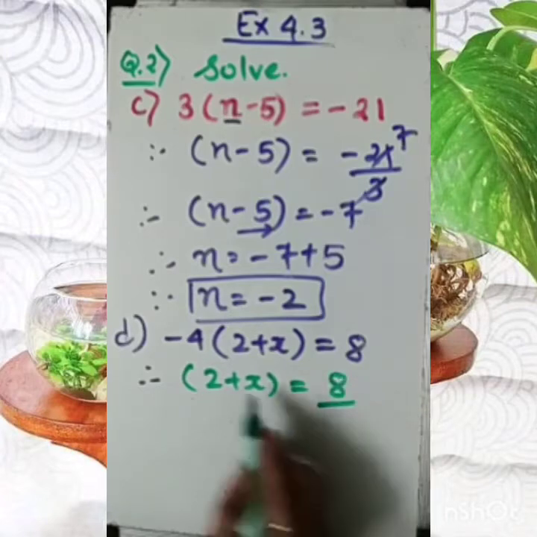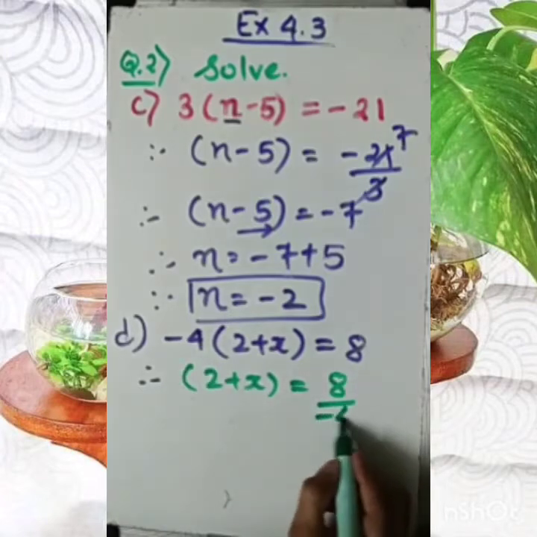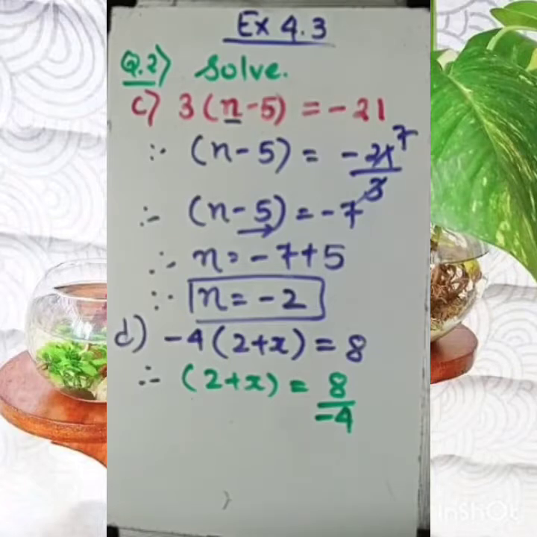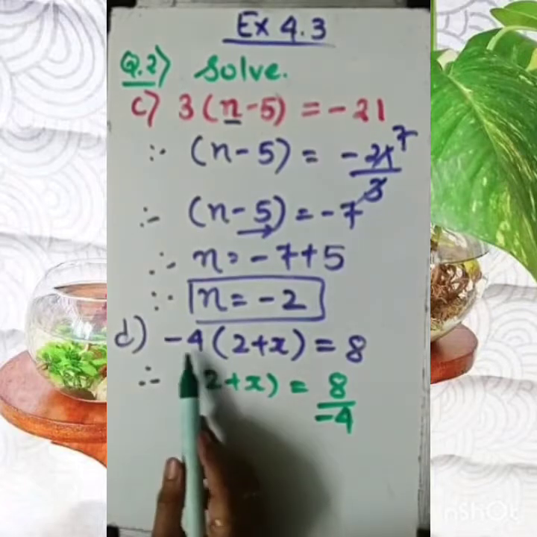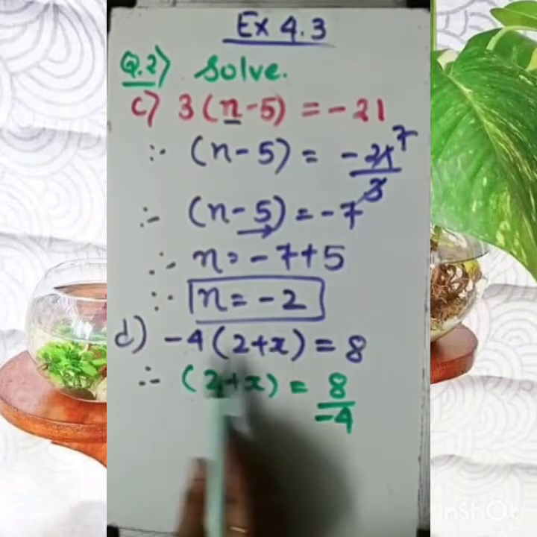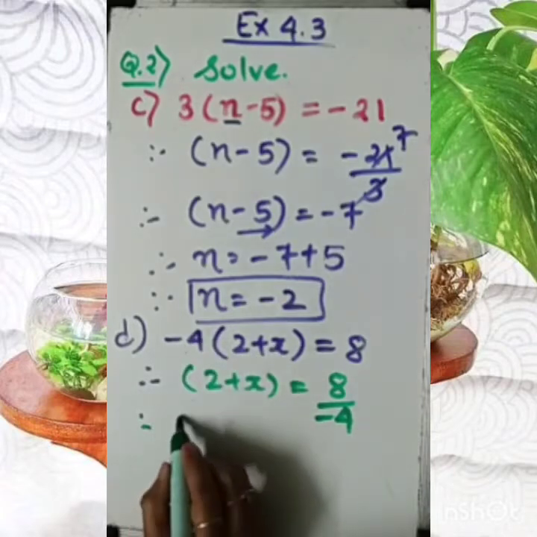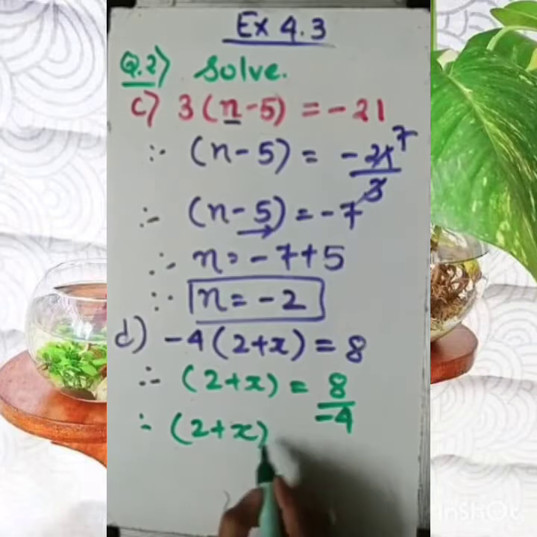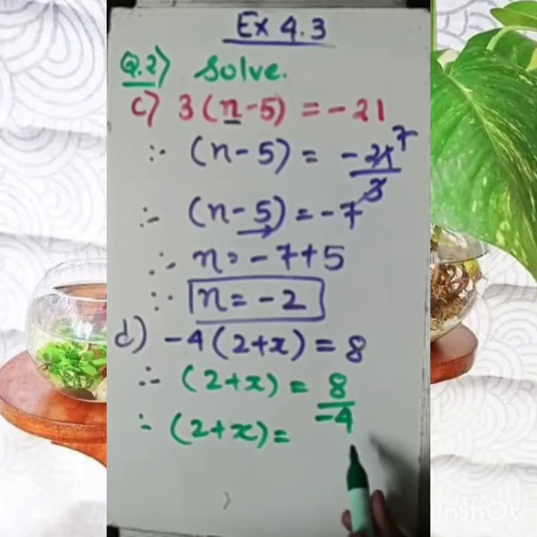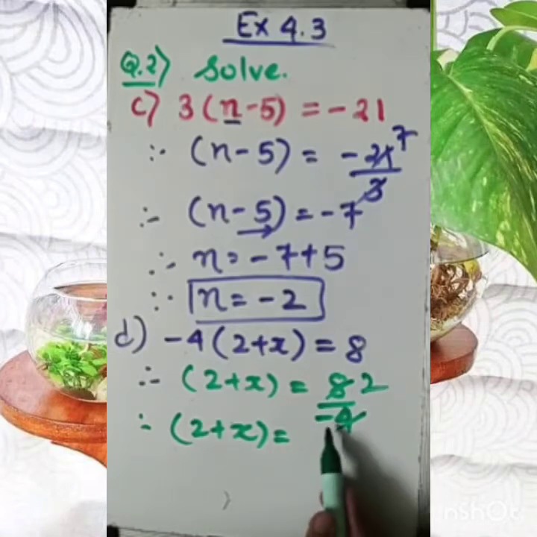This -4 is the product with the bracket, so I am shifting it to the other side. Then 2 + x = 8 divided by -4. You know 4 twos are 8. The answer will be 2, but along with the minus sign, it will be -2.